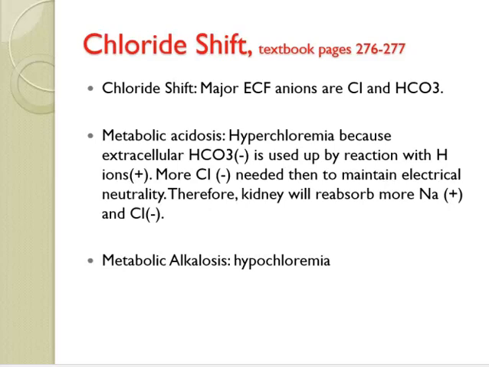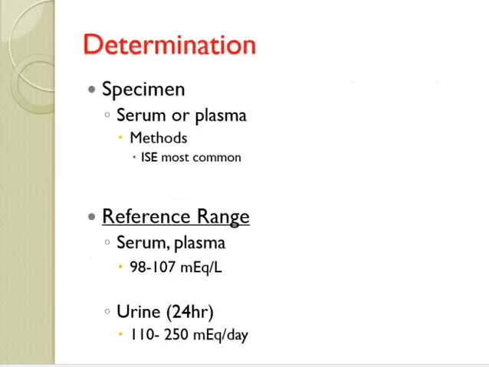This can happen through a loss like diarrhea. For metabolic alkalosis, this is hypochloremia. So you have a decrease in chloride and an increase in bicarbonate. So this is the opposite relationship. Again, decreased chloride, increased bicarbonate.